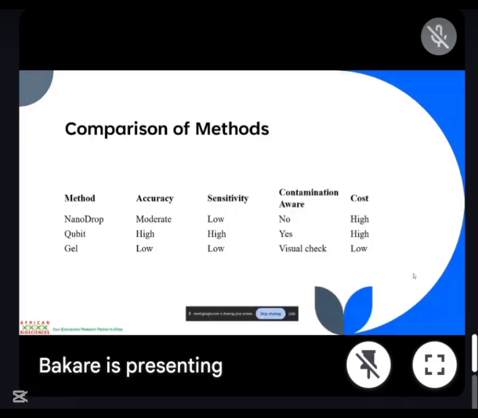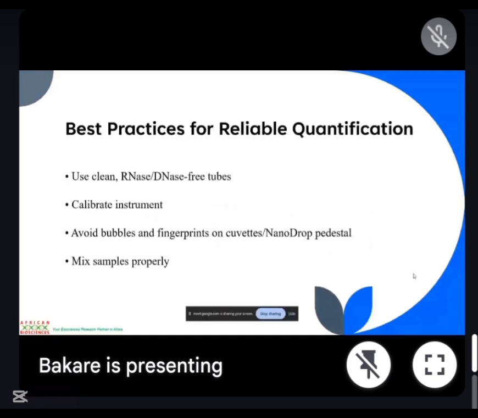For good research work, it's advisable that when you do your nanodrop or you use Qubit, you also run it on gel to double check whatever it is that you did. And then best practices: make sure that you use clean, RNA-free or DNA-free tubes. You calibrate your instrument, and you clean it every now and then.